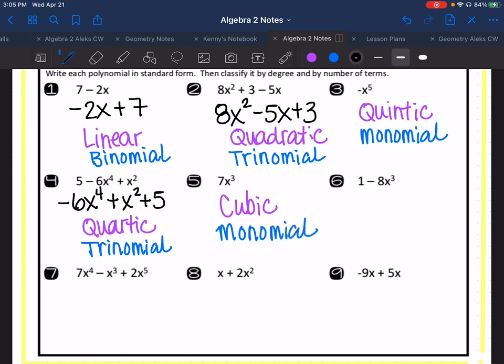All right, number 6, the exponent needs to go first in standard form, and then it would go 2x squared, x, and then just the plus 1. The highest exponent is 3, so this is a cubic. And there are 2 terms, so this is a binomial.